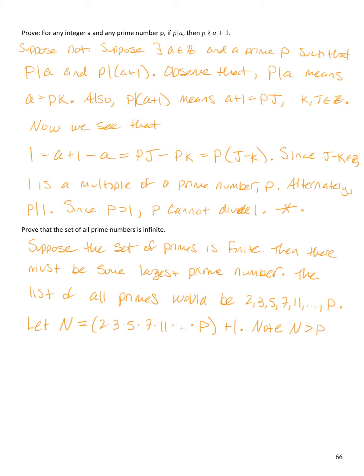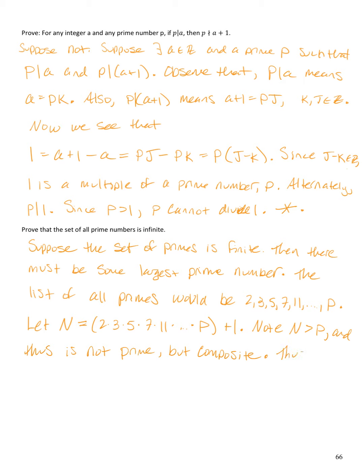Okay, so if N is bigger than P, then N is not prime, because P is the biggest prime. So it's not prime, it must be composite. Okay, so if it's composite, that means it can be written as a product of primes by the fundamental theorem of arithmetic.